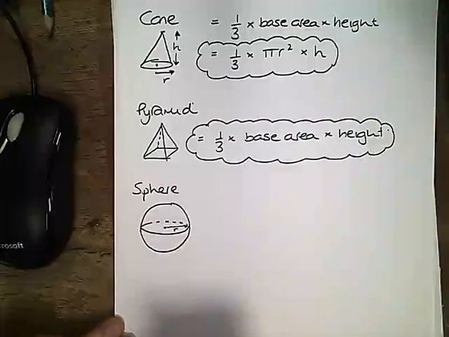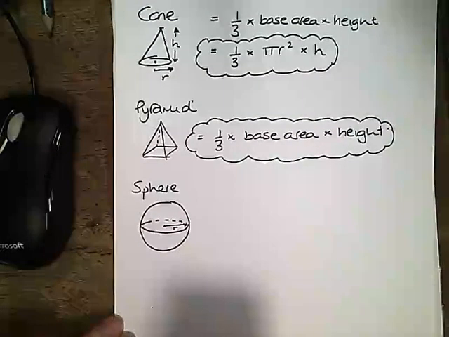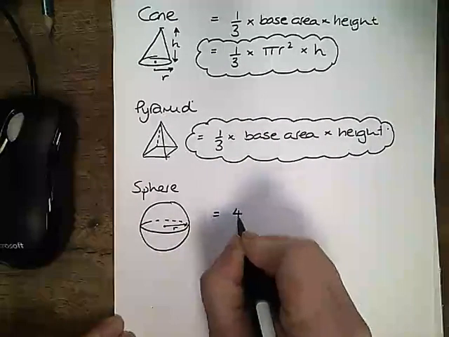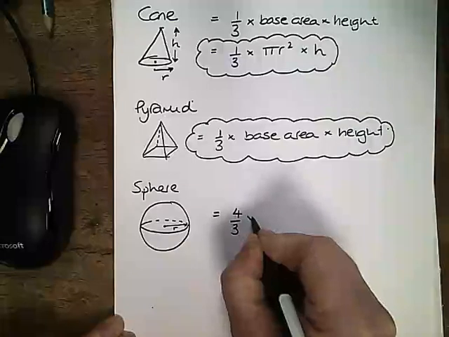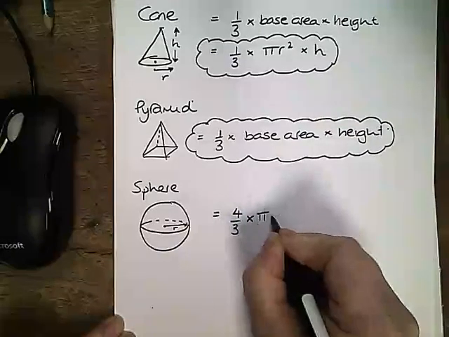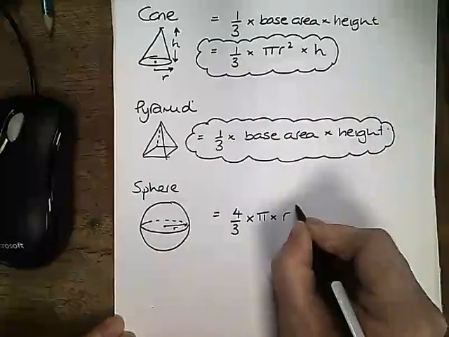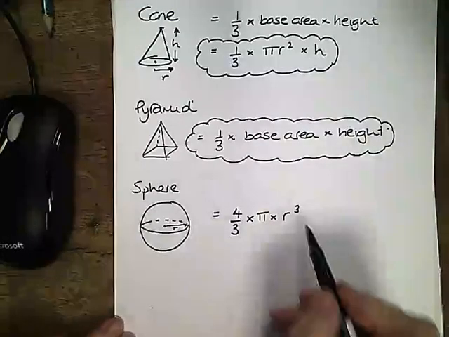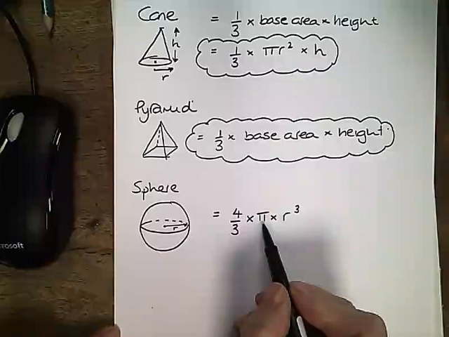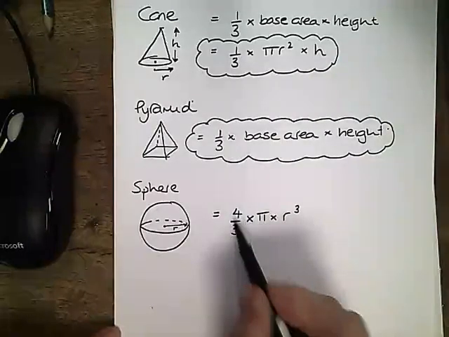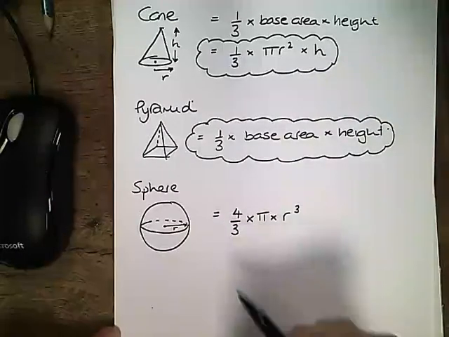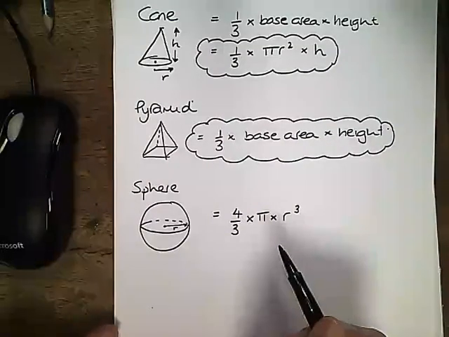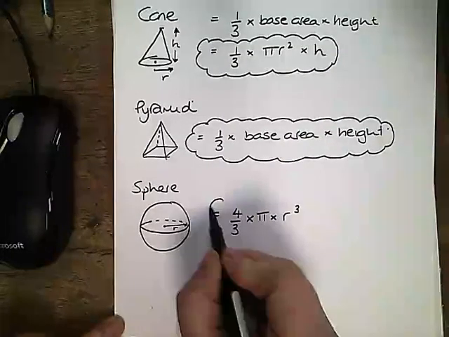And it's a complicated looking formula, but one you need to know, and the volume is equal to 4/3 times pi times r cubed. Okay, so whatever the radius is, you cube it, times it by pi, times it by 4, and then divide the whole lot by 3. Or you could just pop this into your calculator like that, a fraction at the front, 4/3 times pi times r cubed.